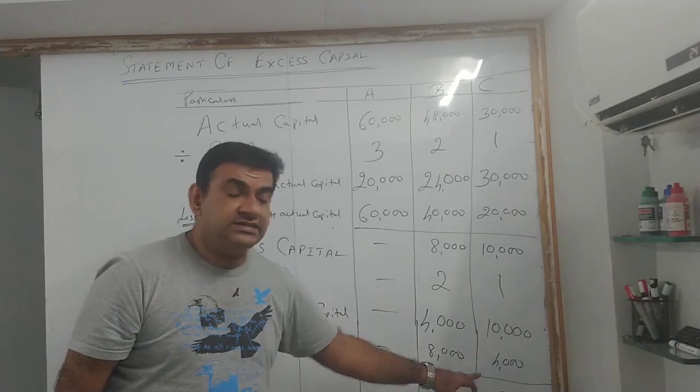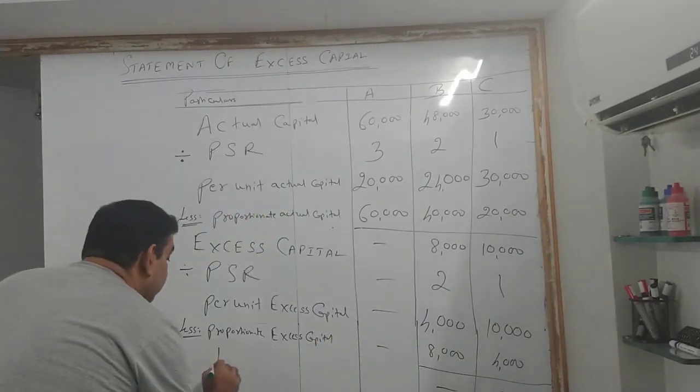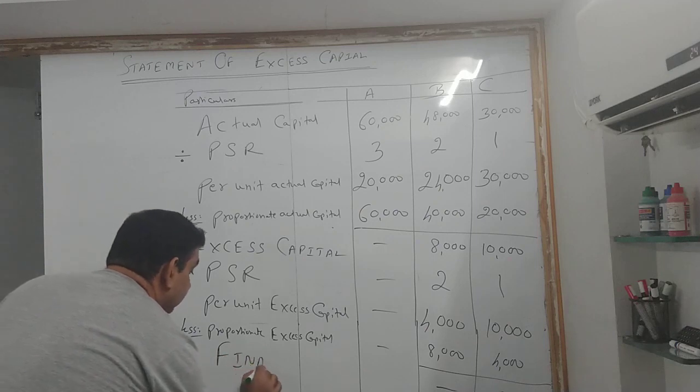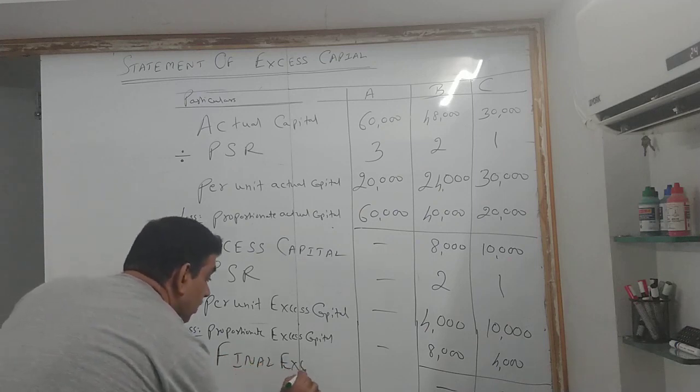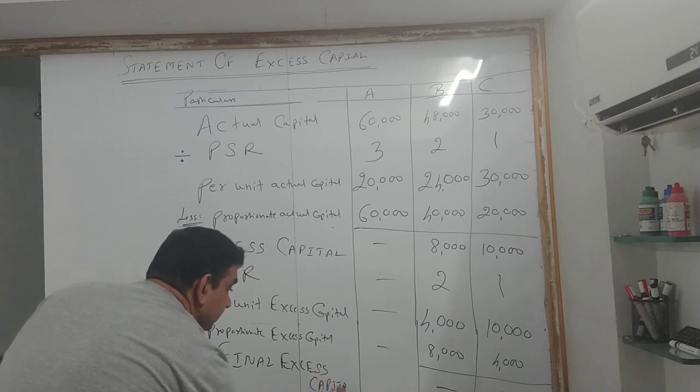And this 6 is called your final excess capital.